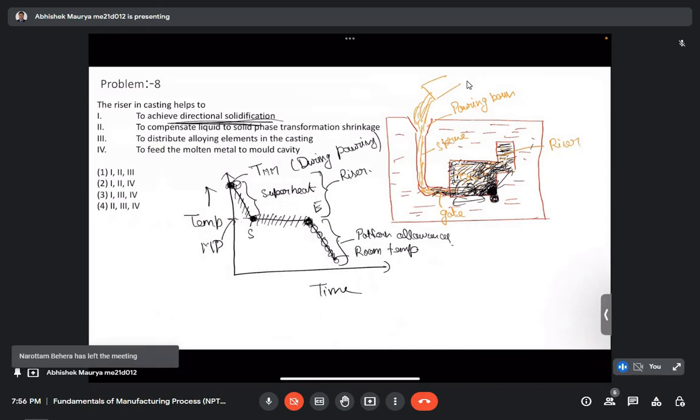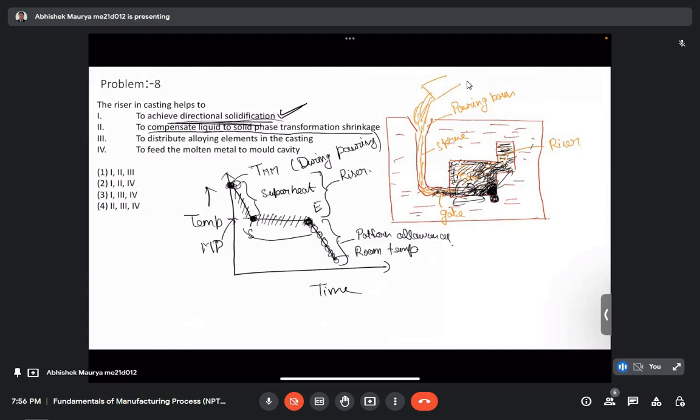So riser helps in directional solidification. First one is correct. Second is to compensate liquid to solid phase transformation shrinkage. Yes, already we have discussed.